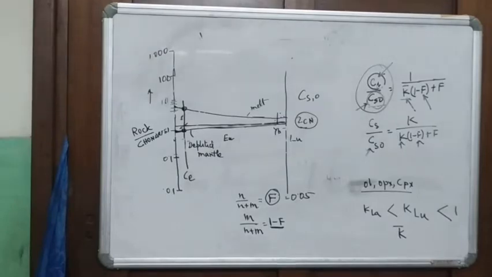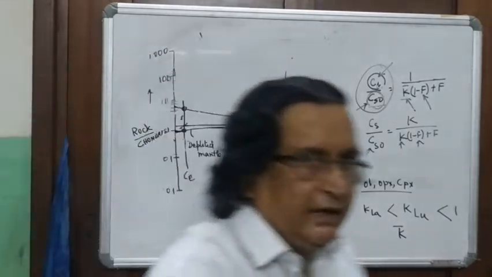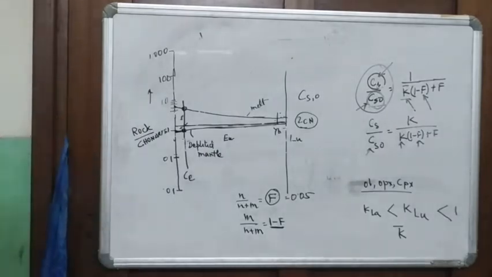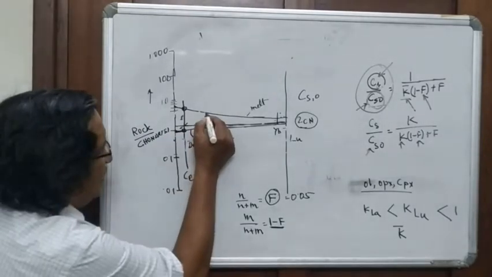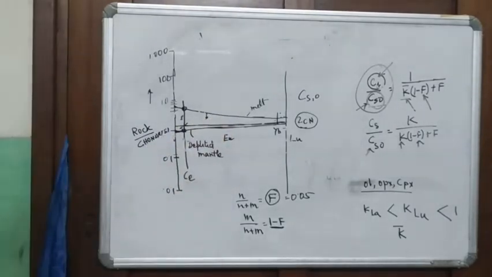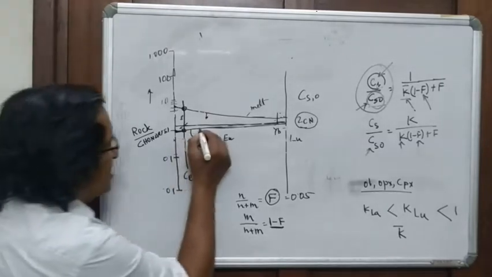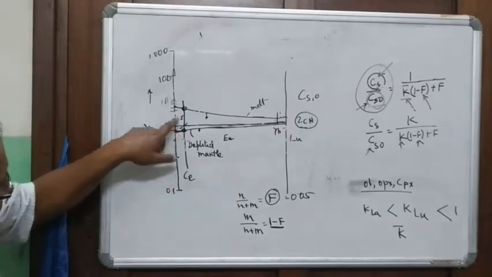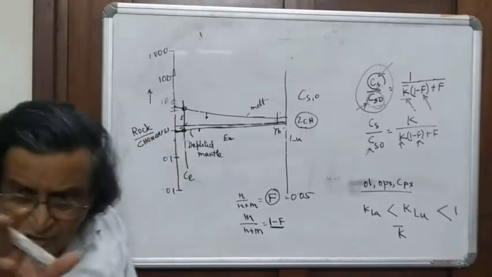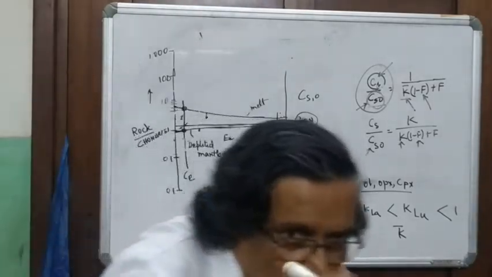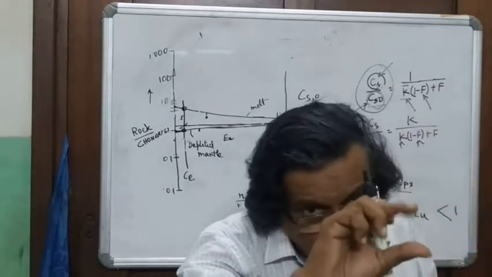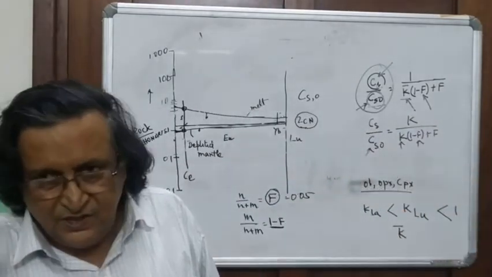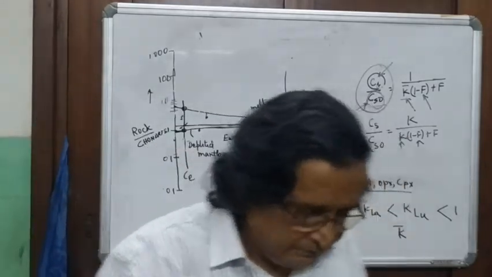If I had taken a high degree of melting, what will happen? Higher degree of melting. What will happen? This curve will shift downwards. And this curve will shift downwards. But that N divided by N plus M ratio will control the degree of melting. It will be proportional to the degree of melting. You can't get away from it. Okay?